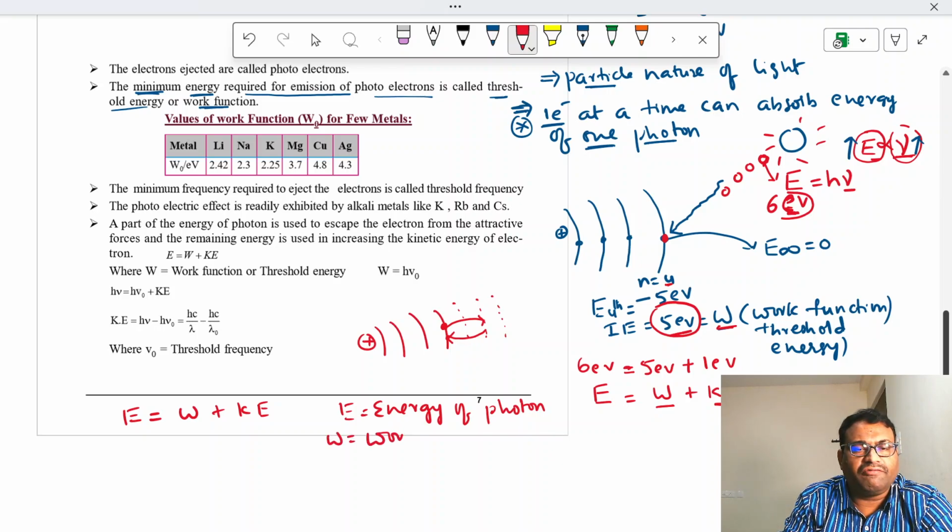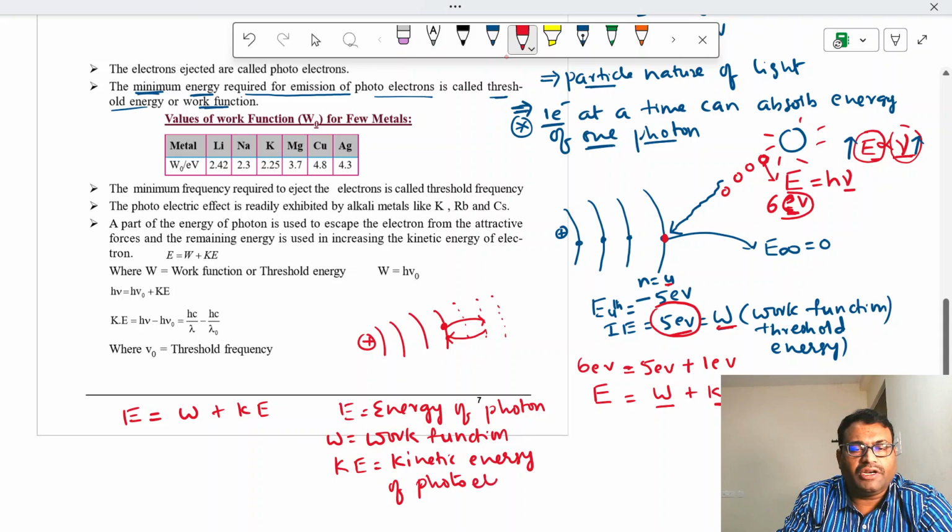Work function. Work function is also energy. KE is kinetic energy. What is that? Kinetic energy of the photoelectron.